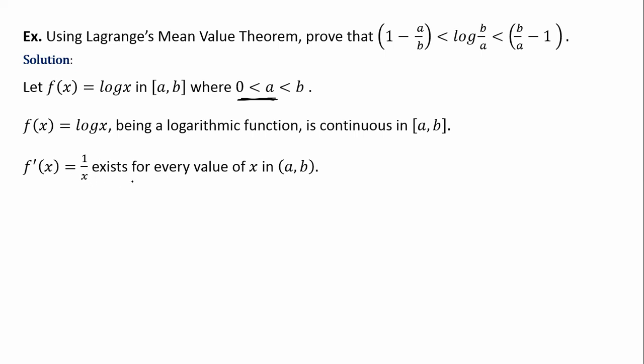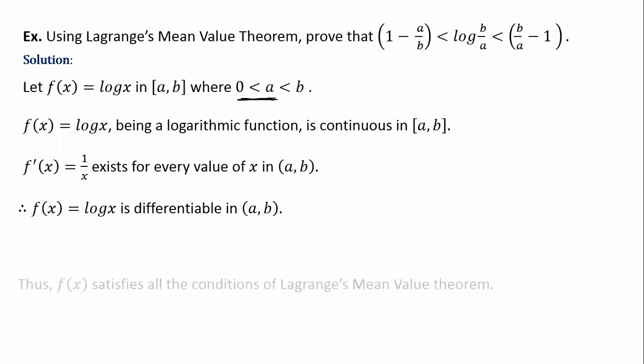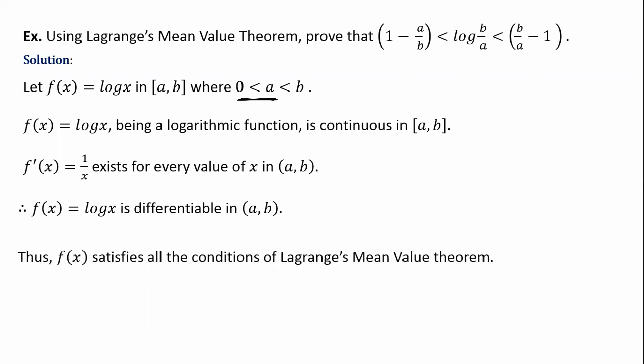So in that case, f of x is not differentiable at x equal to 0. So a is strictly greater than 0, and hence f of x is differentiable in the open interval a to b. Thus, f of x satisfies all the conditions of Lagrange's mean value theorem.